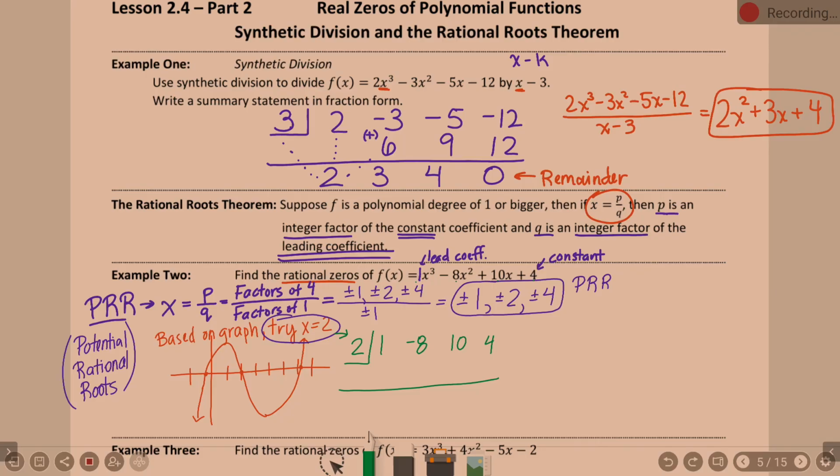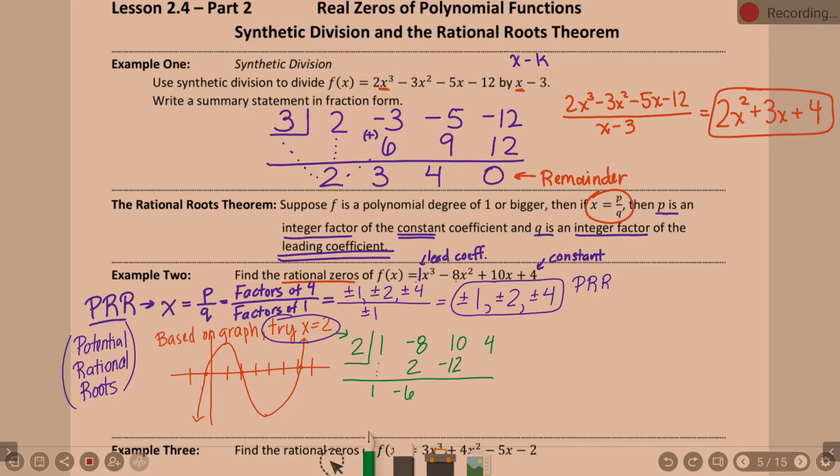Synthetic division, what we just talked about, yes? Drop the 1, and then we multiply. 2 times 1 is 2. Add, -8 plus 2 is? -6. Multiply. 2 times -6.